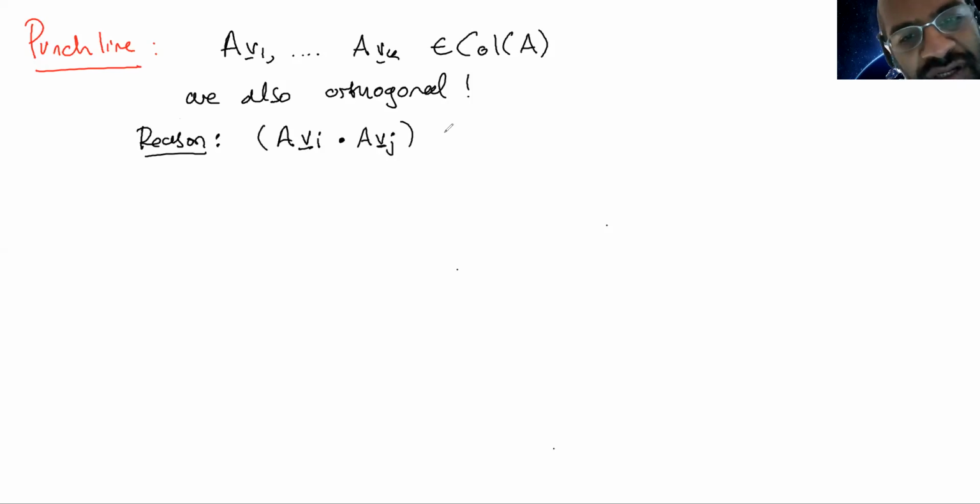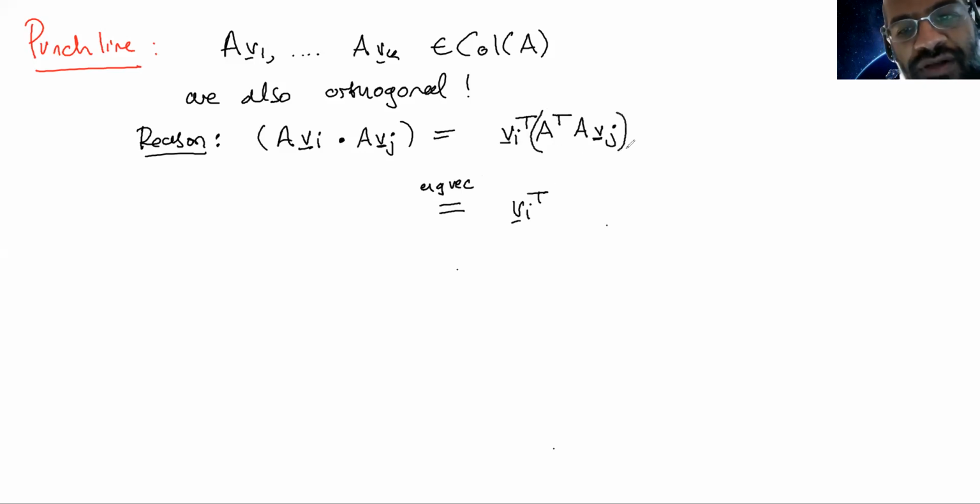Well, what is that? Again, it's this trick with transpose. So that's Vi transpose A transpose times A times Vj. But aha, what's special about these vectors? They're eigenvectors of A transpose A, right? That's how I chose them. So actually, this is just Vi transpose times lambda j Vj.